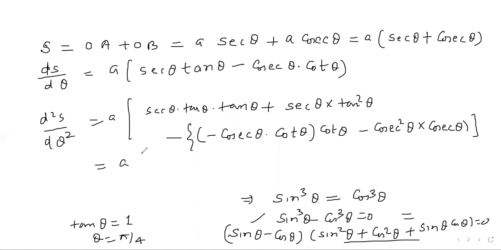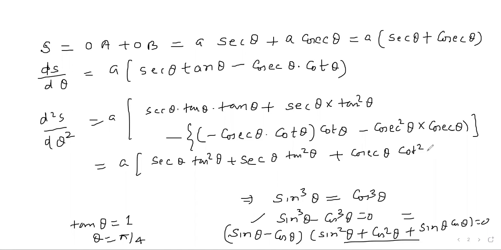We open the bracket: a sec theta tan square theta plus sec cube theta plus cosec theta cot square theta plus cosec cube theta.